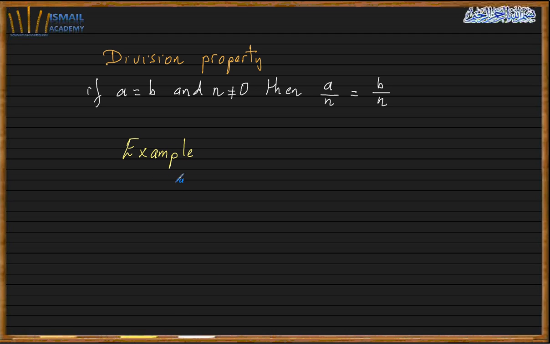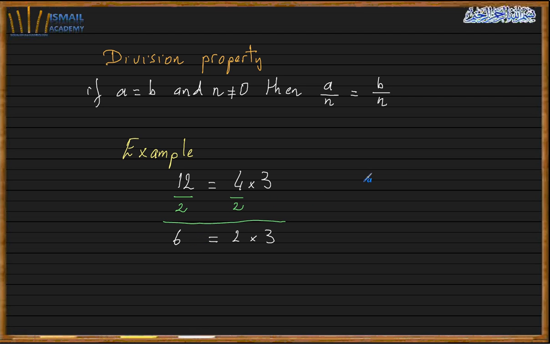So if I have 12 is equal to 4 times 3. So if I divide both sides by the same number, here 12 divided by 2 is 6, and here if I divide 4 by 2, it's going to be 2 times 3. And 2 times 3 is equal to 6. As you see, if I divide by the same number on both sides, still equal.